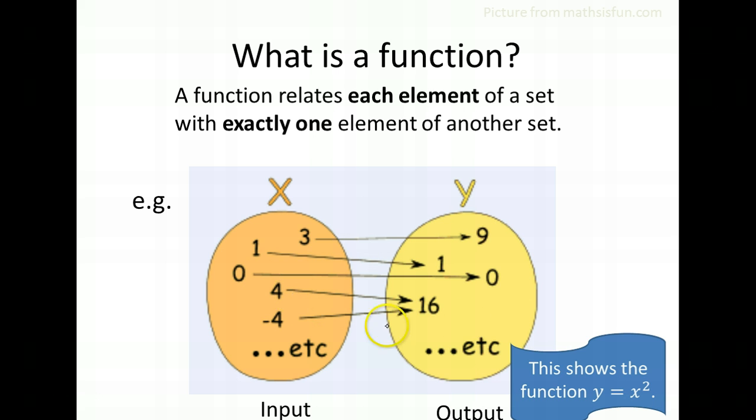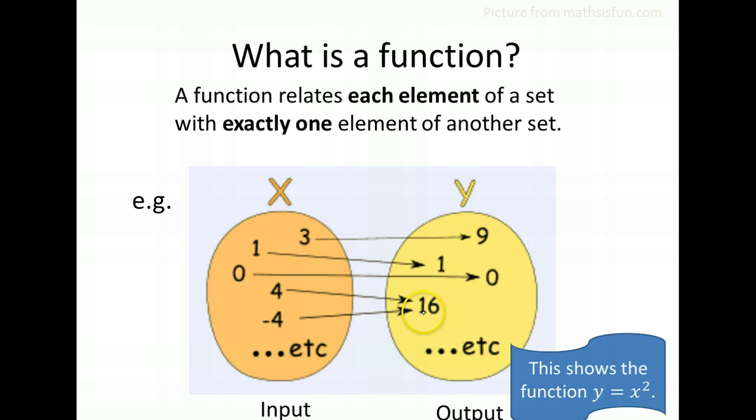So here the function is, how are we getting y? We are getting y by squaring x. So let's take a look. 1, if I square 1, my answer will be 1. So that will be my output. 3, that's my x. If I square 3, my answer will be 9. Positive 4, if I square positive 4, that will be 4 times 4.